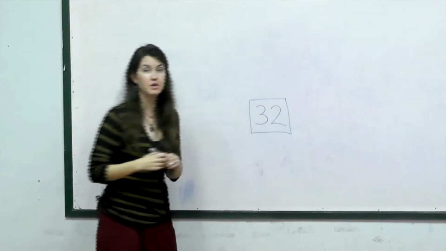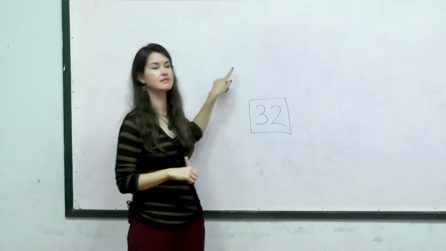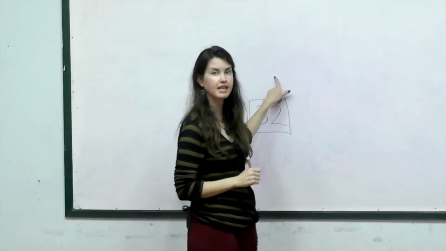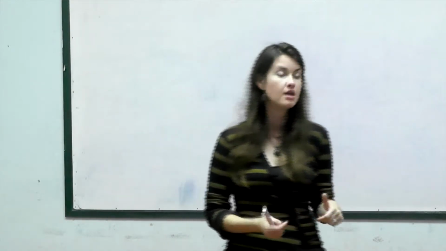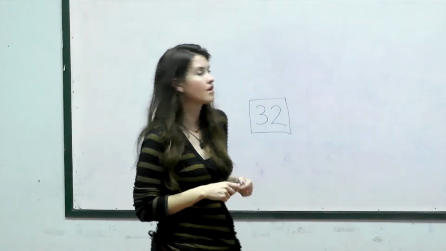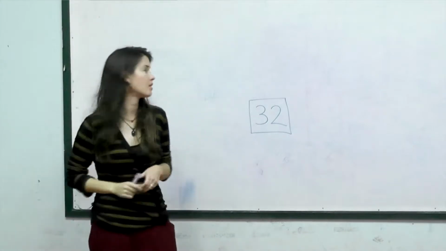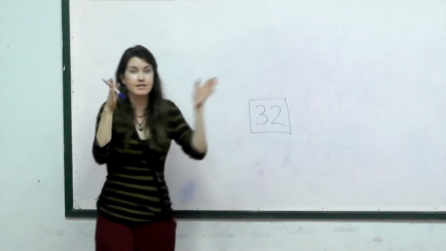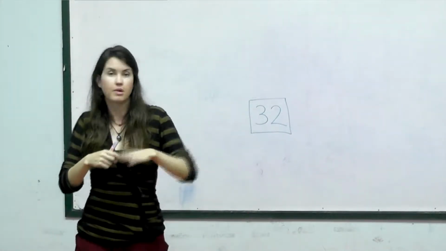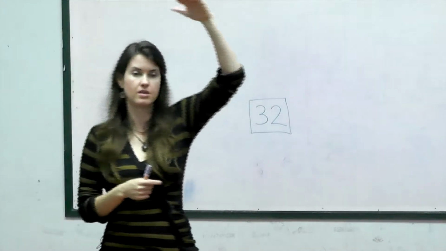If you want to write down 6, 12, 18, 24, 30, and 36 on your paper, that's cool. Or just think about it in your mind, and we're going to count together. We're going to try to get to 32 as close as we can, but we don't want to go higher.